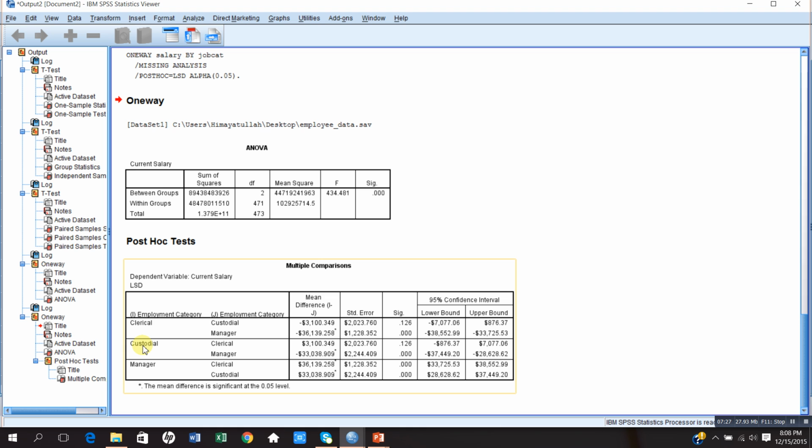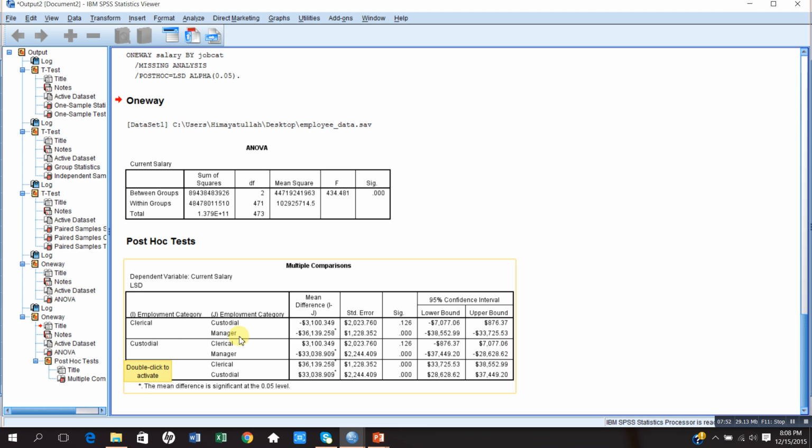So this is how we can use analysis of variance for comparing various group means. In this case, we compared clerical with custodial, clerical with managerial, and custodial with managerial.